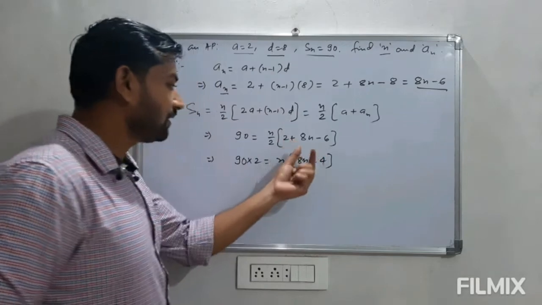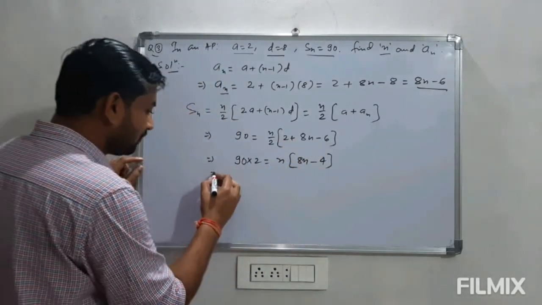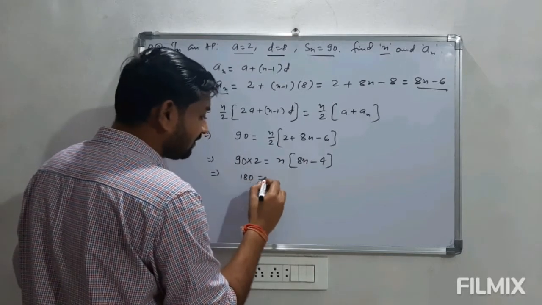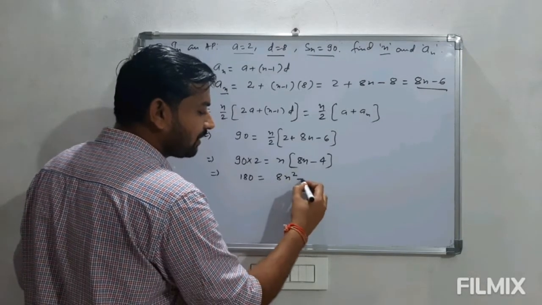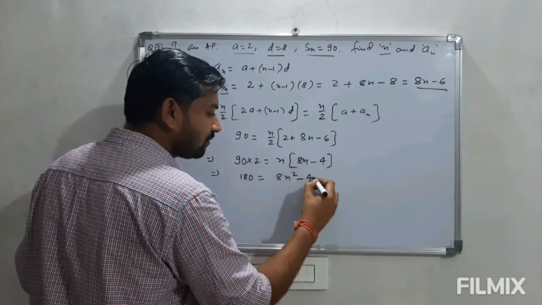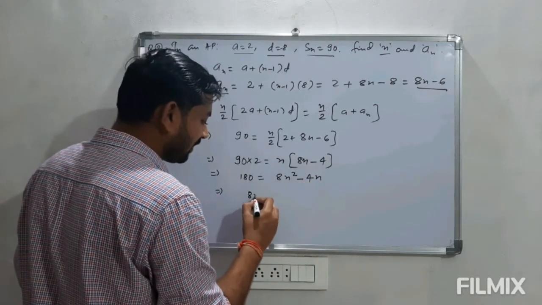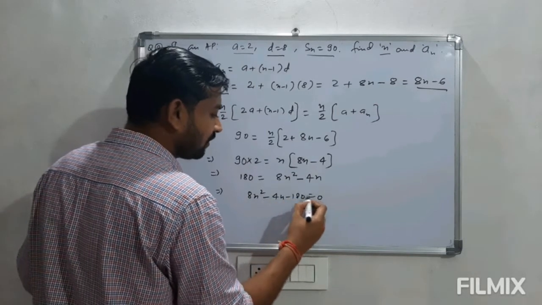Here we solved the bracket and 8n minus 4 came, into n. Now from here we are getting 180 is equals to, if we multiply n in this whole, 8n square minus n multiplied with 4, we get minus 4n. Now bring this to RHS, we will be getting 8n square minus 4n minus 180 is equals to 0.